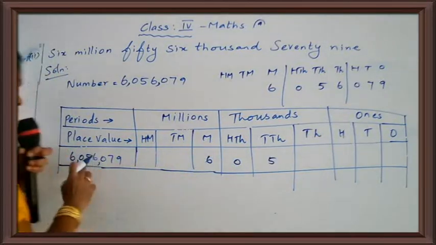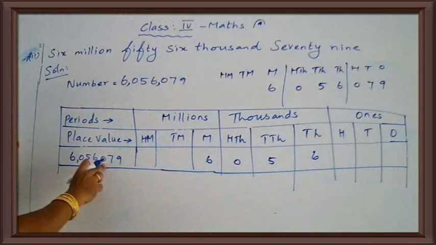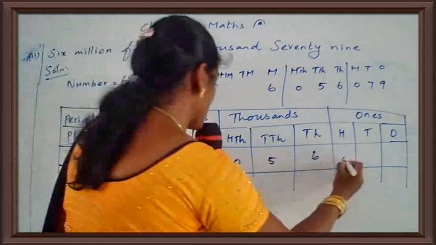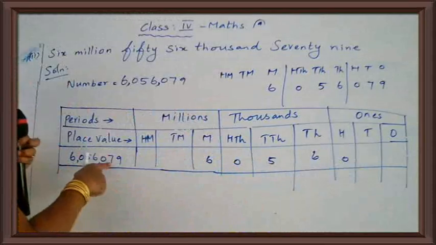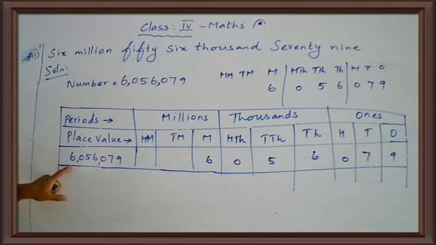In thousands place 6, and 100 place 0. Next is tens place 7, and ones place is 9. Okay, so your answer is 6,56,079. Okay children, so write it in your classwork note.